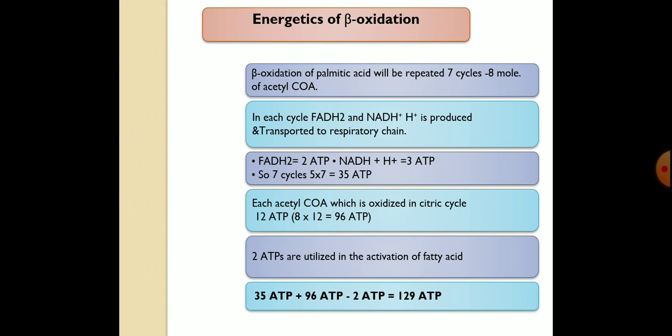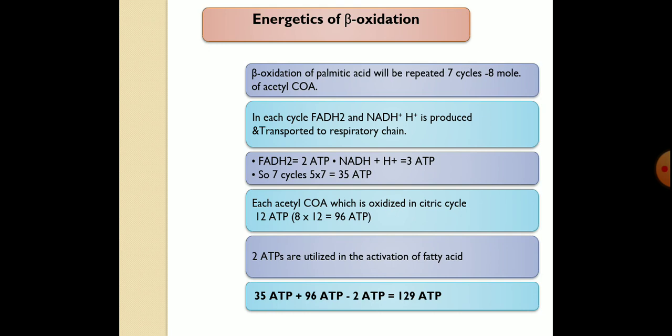One molecule of FADH2 is equivalent to 2 ATPs, whereas one molecule of NADH plus H plus is equivalent to 3 ATPs. So in 7 cycles there is formation of 5 multiplied by 7, that is 35 ATPs.